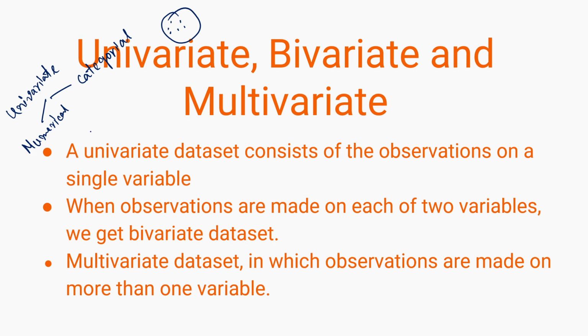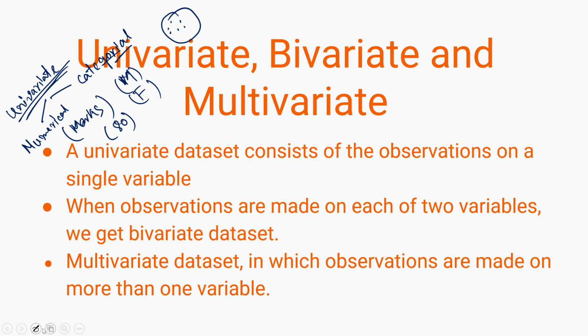Numerical data would be their marks, expressed within parentheses like this. Univariate categorical data means we are observing the information for a single characteristic or single variable, that is why this is univariate. Categorical means the information that we are observing is not numerical. Let's say their gender, male or female.